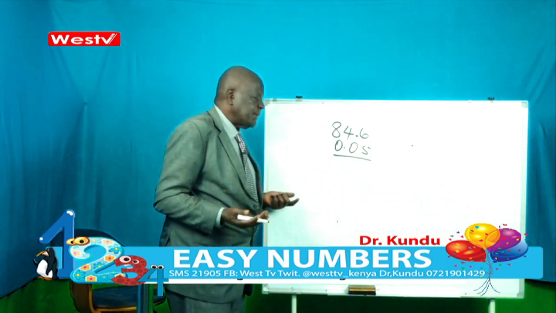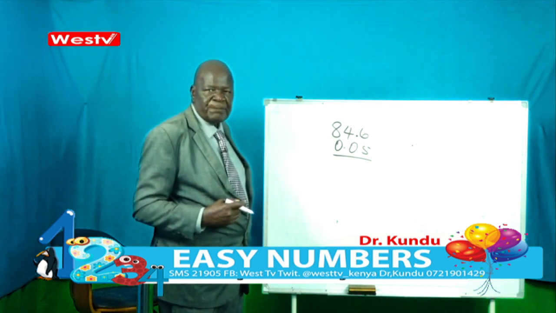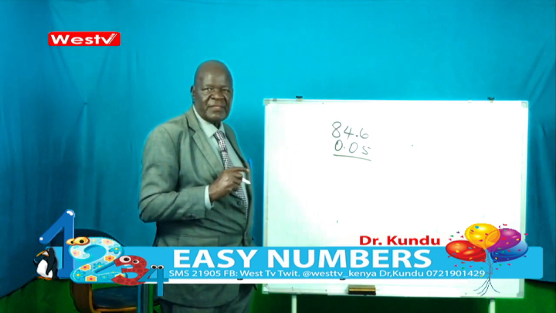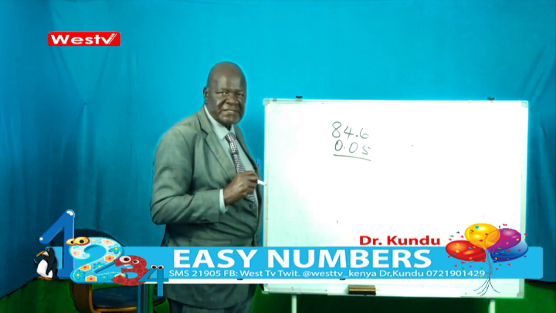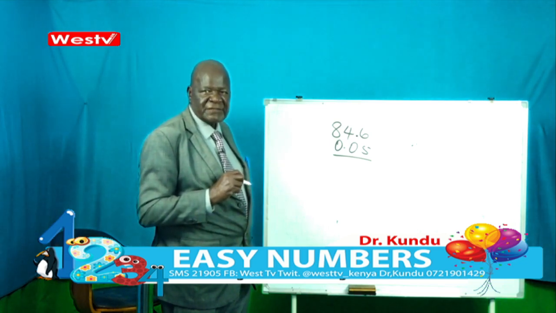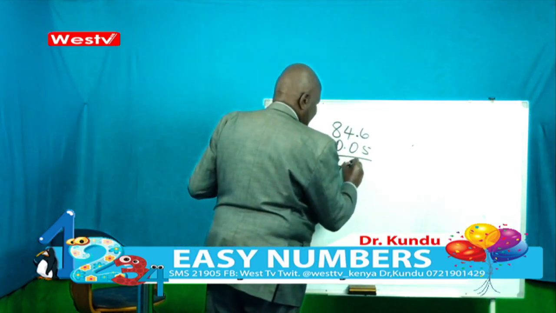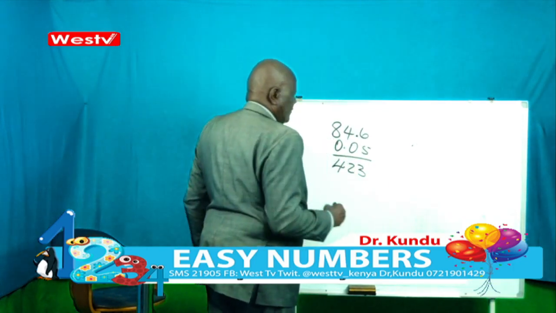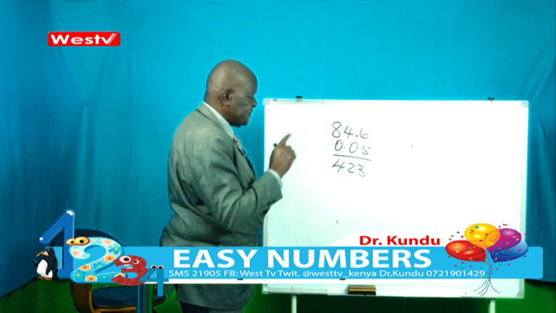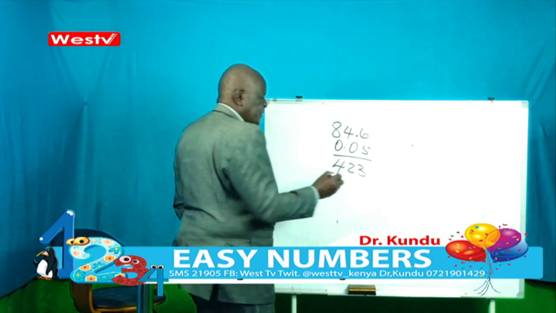What do you do? Ignore the decimals for the time being and deal only with 846 times 5, where you are going to take half of 846 as 423. This is 423. Then, because you have assumed that there's no decimal, you are dealing with a single 5. So add 10 on it.